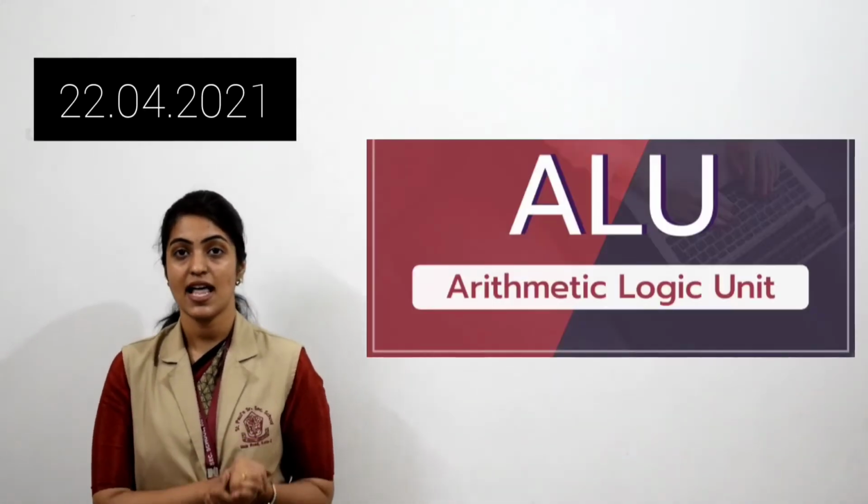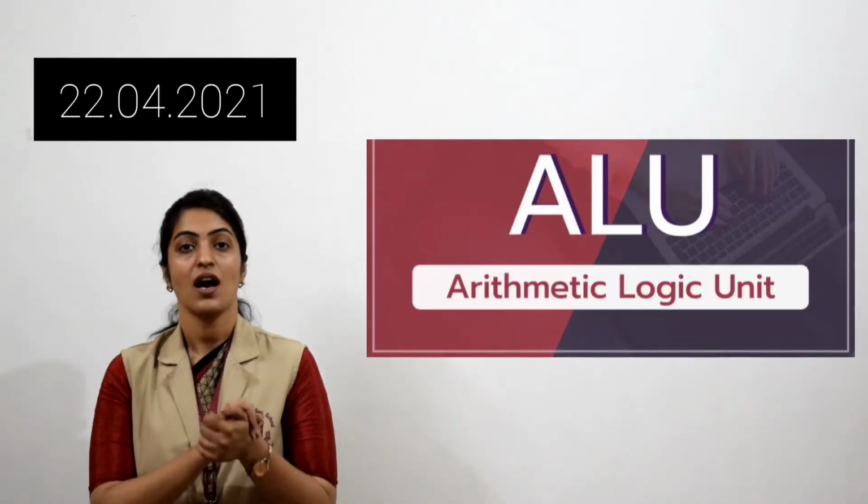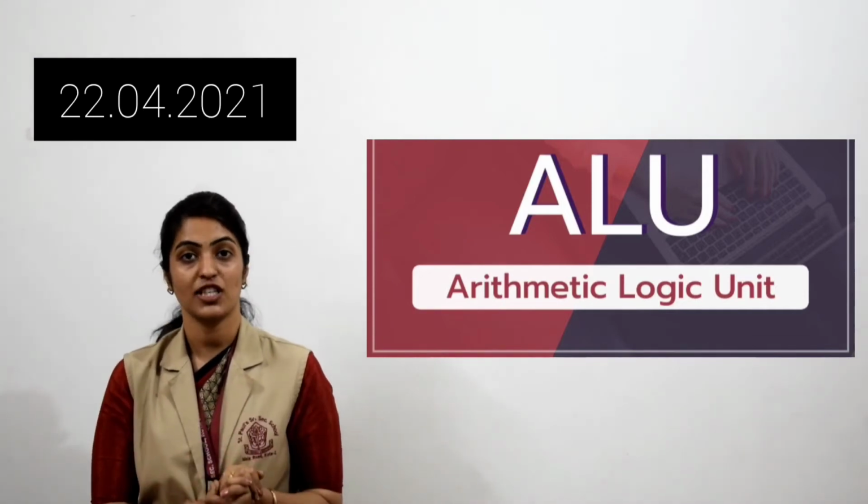So first one is ALU, Arithmetic Logical Unit. Before explaining it, I'll give you a short example. All of you have gone to a chemist shop, right? There you will see a person who prepares bills.